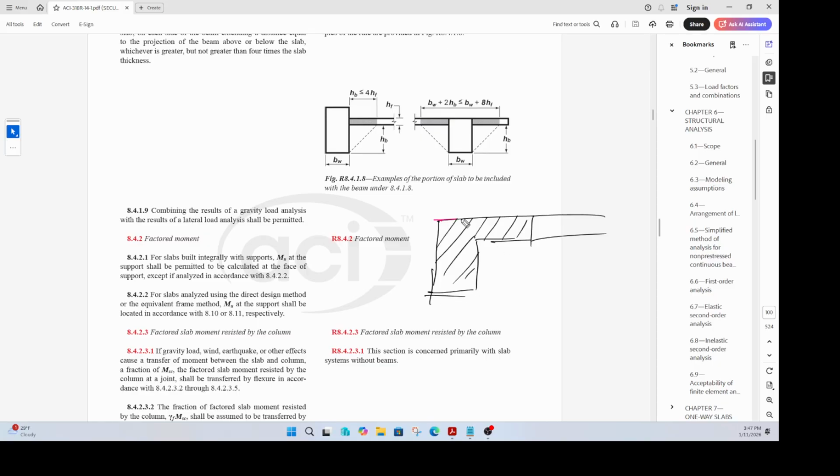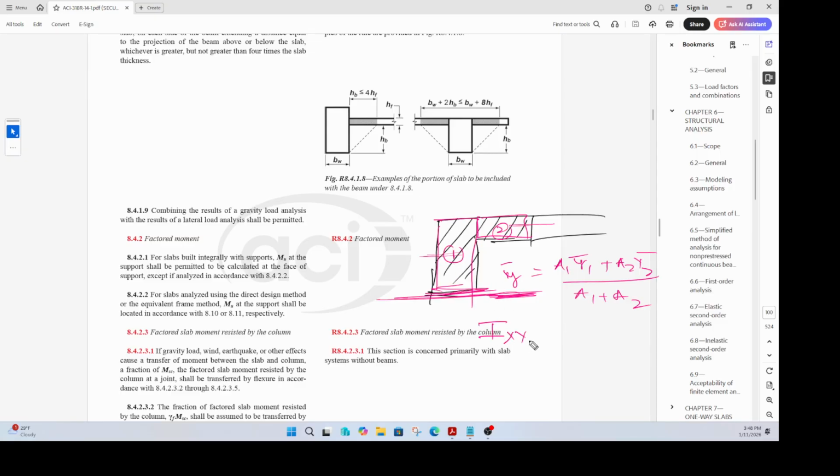The easiest thing is to split this as area 1 and area 2, use the parallel axis theorem, and find your y bar as (a1 y1 bar plus a2 y2 bar) by (a1 plus a2). Y1 bar is from this reference point to half the depth of the beam. Y2 bar is from the same reference point to half of that. You find that out, and then you start using the parallel axis theorem.